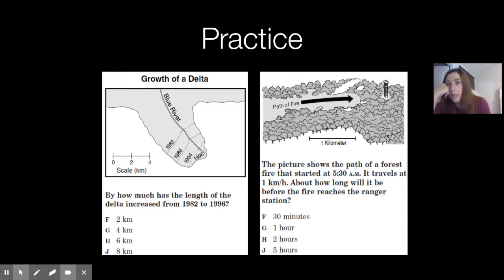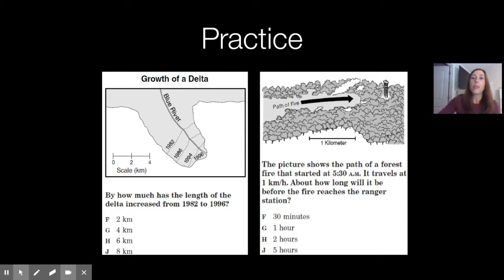So it doesn't really matter what time it is, because it's not asking you what time it's going to arrive at the ranger station. It's just asking how long it's going to take. So we want to see the distance from the end of the path of the fire to the ranger station, and how long that's going to take.